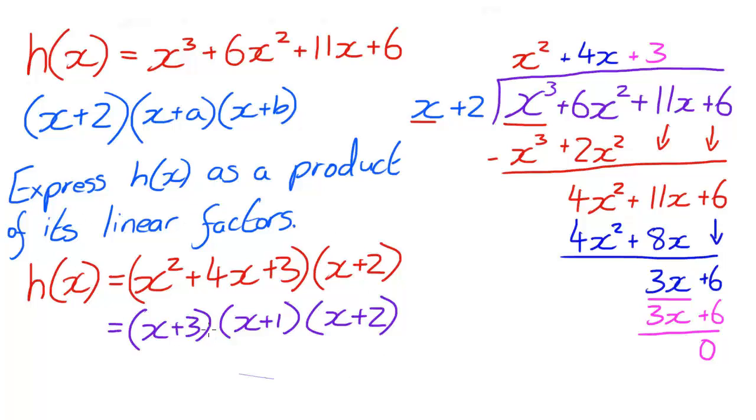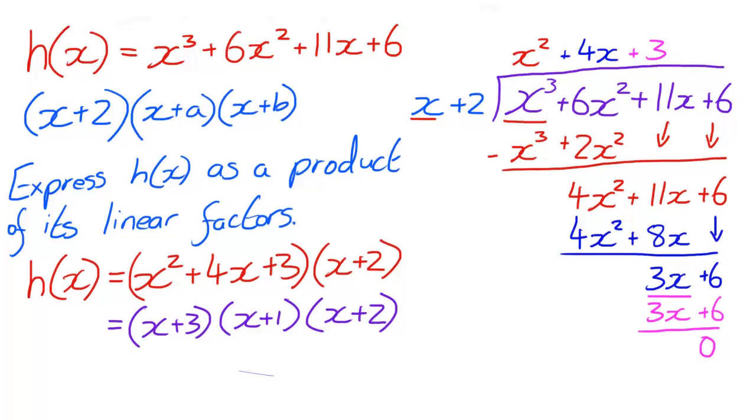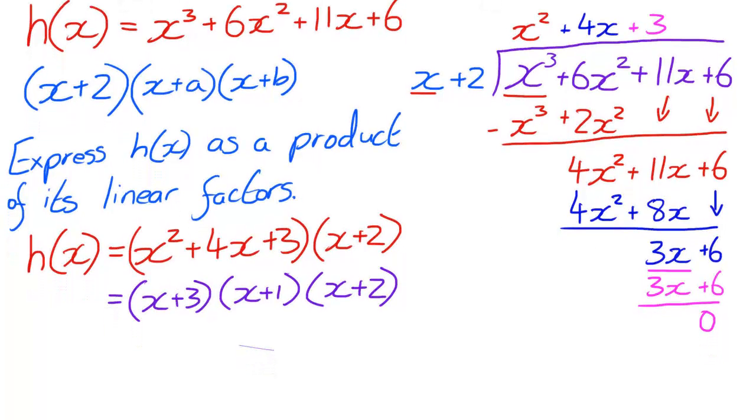And let's think about what that means for a minute. In earlier videos we had this x plus 3 and x plus 1 as points on a graph. Let me go down a little bit so I can draw this out. As points on a graph where we had minus 3, minus 1, and this would be minus 2, where it cuts the x-axis, where y is 0.